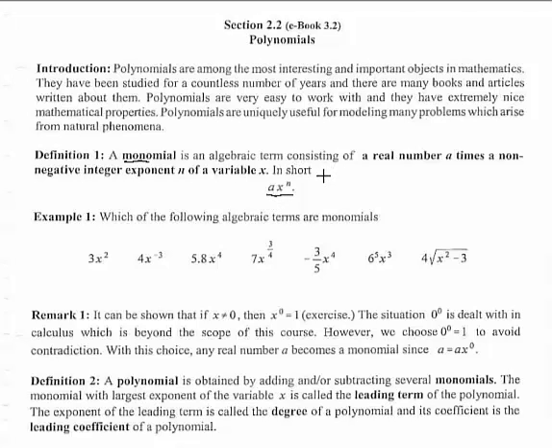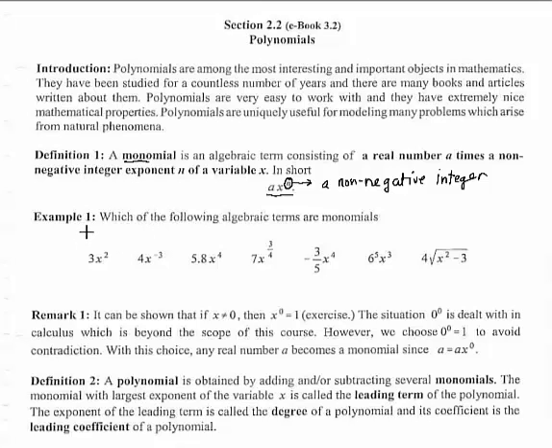But in order for it to be a polynomial, there are other conditions. n, the exponent of the variable, must be a non-negative integer. And we simply only have one variable, x. a, as mentioned in the previous chapter, is a coefficient.